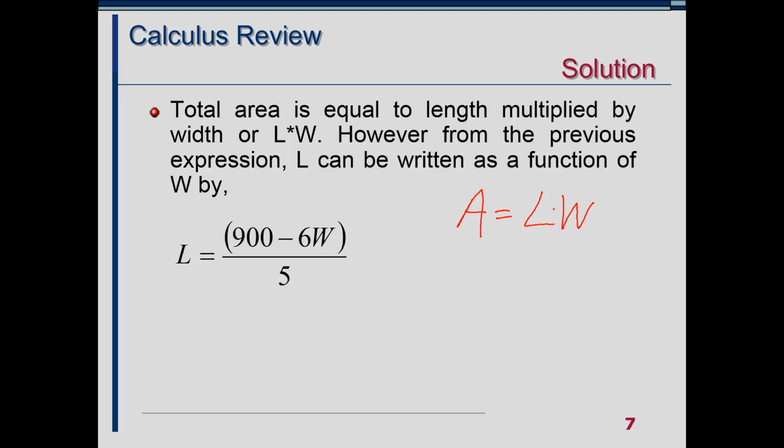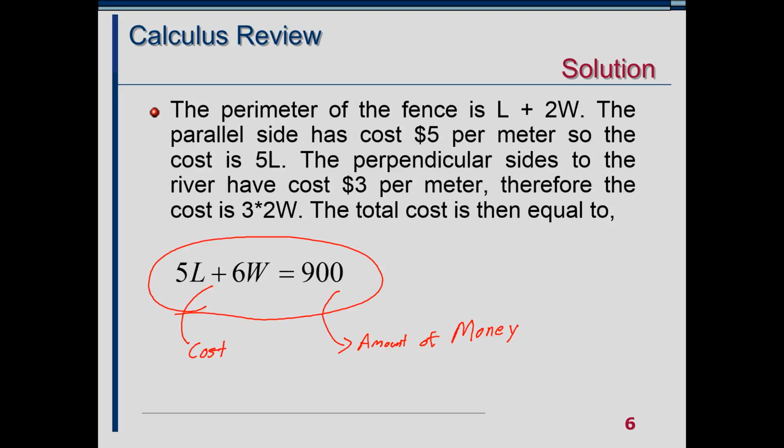Now, how do we do this? Well, let's go in and say, can we solve for L right here? And the answer is yes. All we would do is simply subtract this 5L, and then we would divide out by 5.